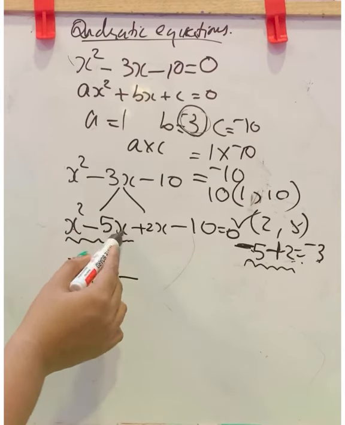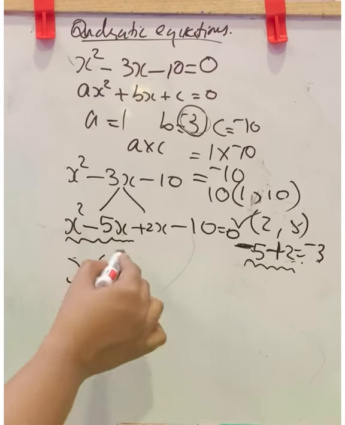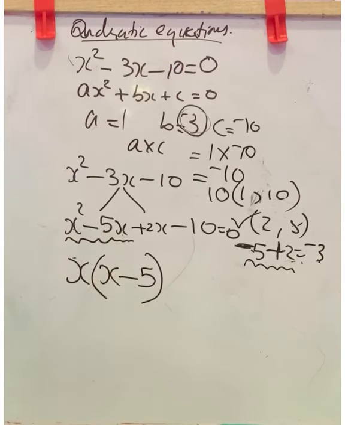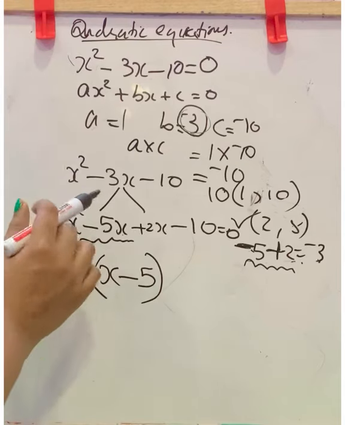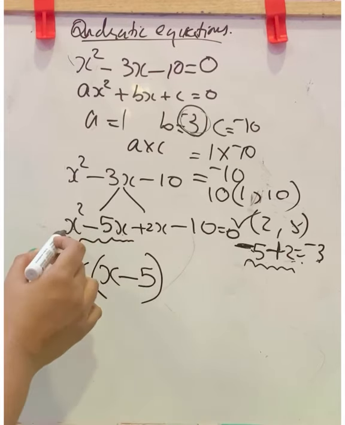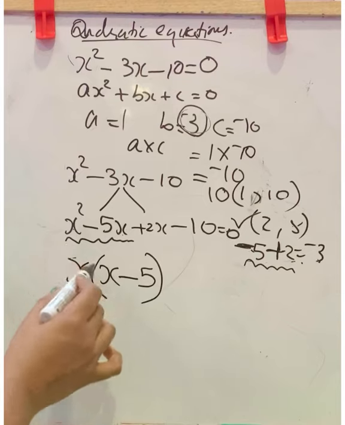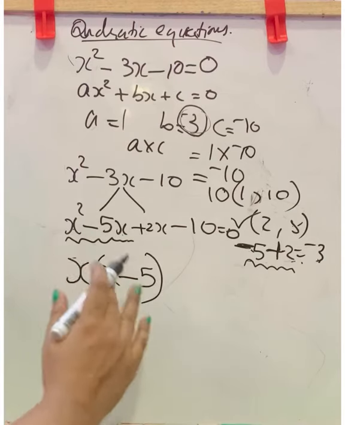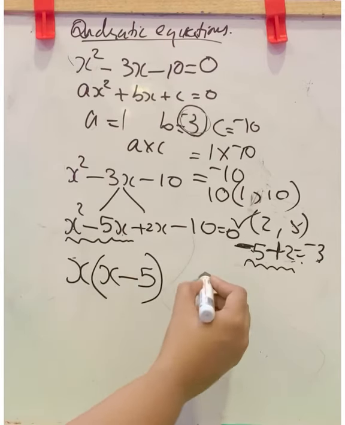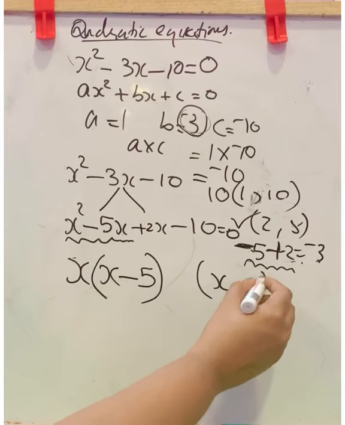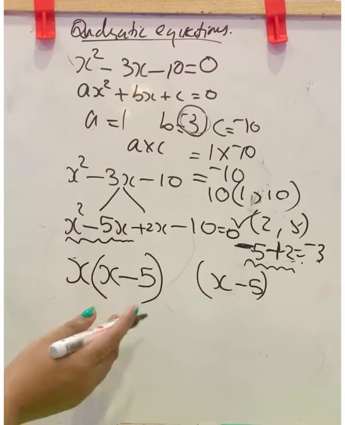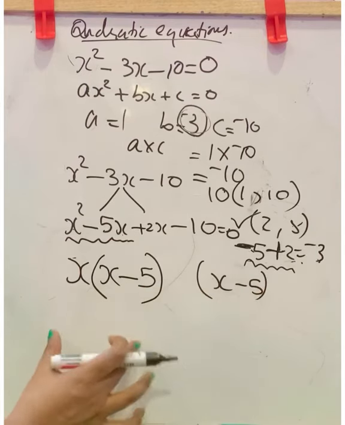From 5x, x is taken outside to the bracket, so the balance will be minus 5 here. Close the bracket. This is what we do in this step: checking the common factor in these two terms, taking it outside, and you will get a bracket here. Now if you get a bracket here, the next thing you have to do is copy that bracket here, because in the next step you have to take this bracket as a common factor.